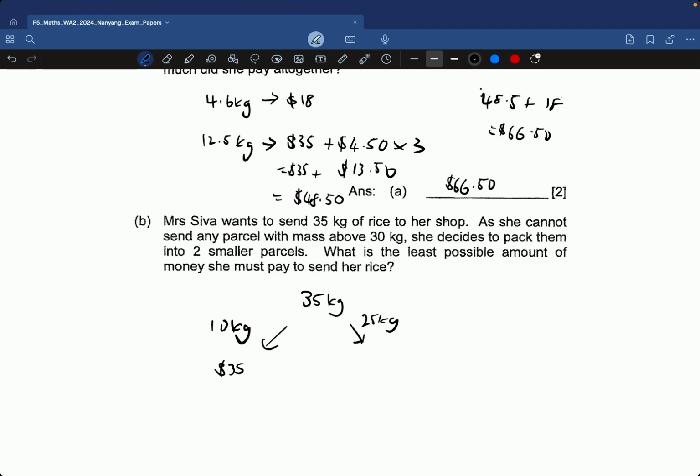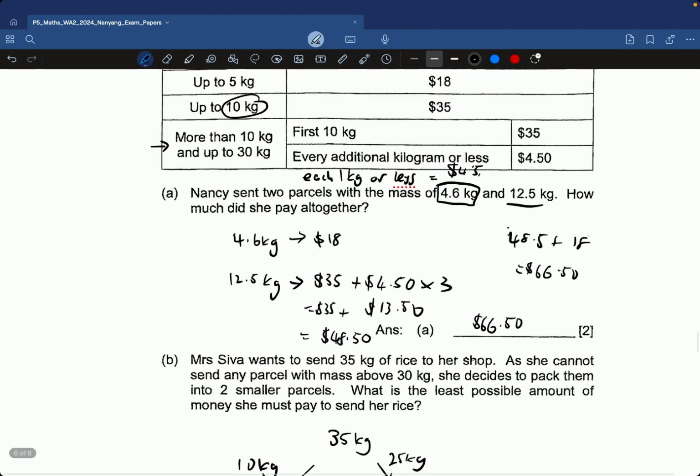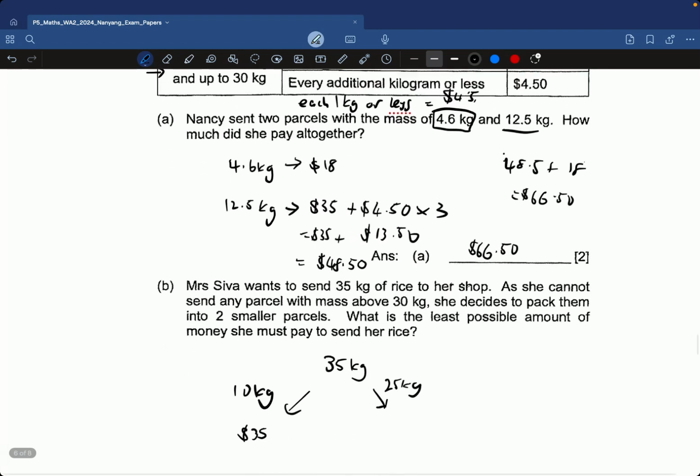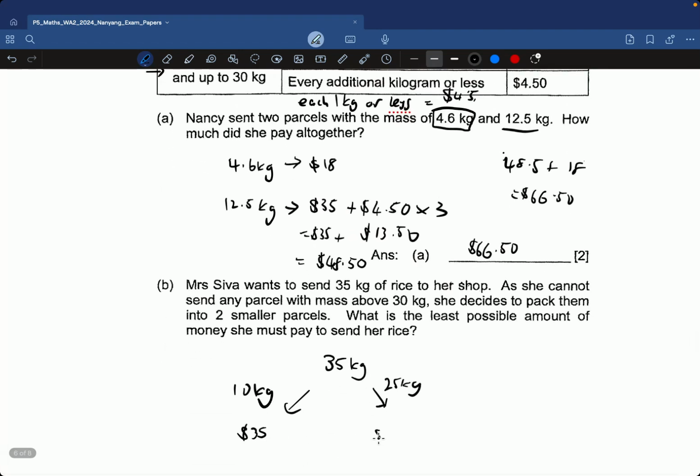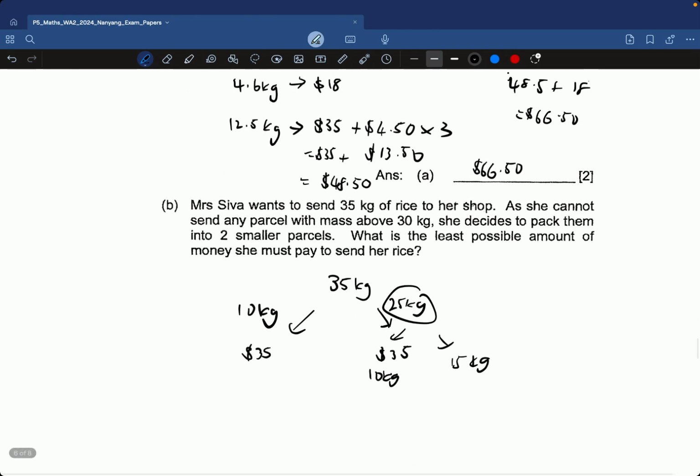So what we can do is have another 10, $35. So the 25, we will split into 10 kg, and then this will be 15 kg. Okay. So we can only do this in 2 smaller parcels.